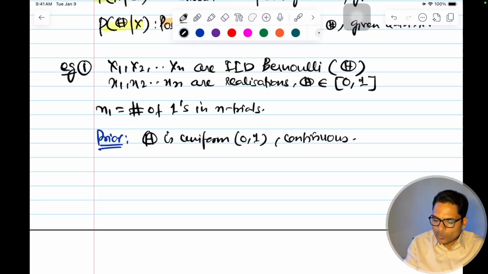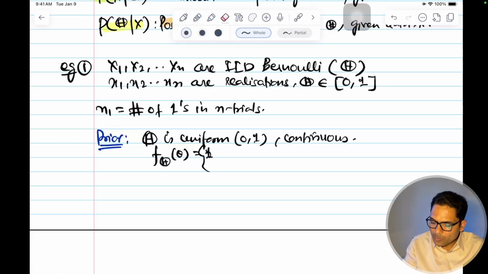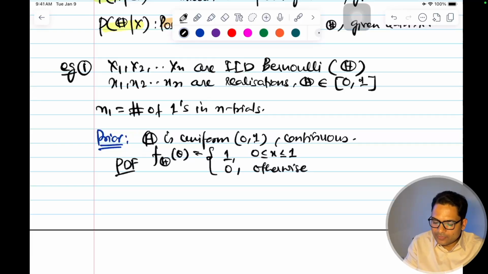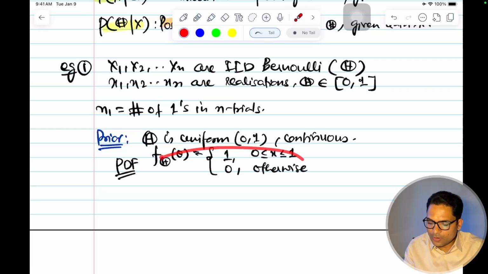So my f of theta is equal to 1 for 0 less than theta less than or equal to 1, and 0 otherwise. This is how my PDF is. So the initial PDF of theta is uniform between 0 and 1.